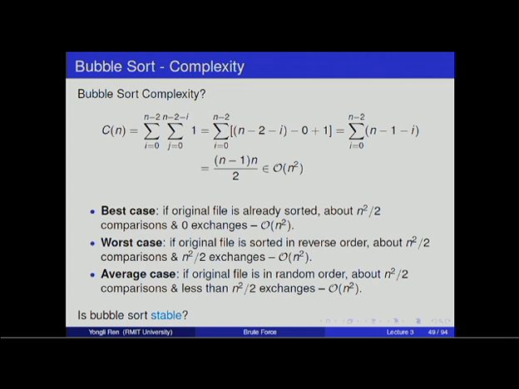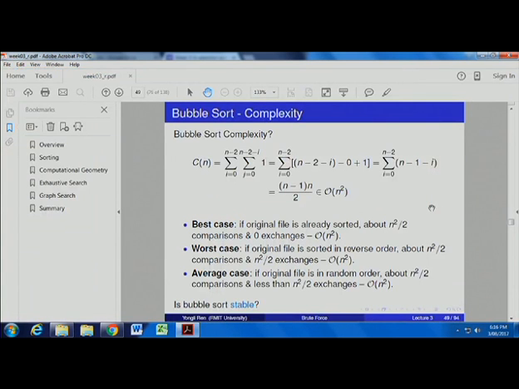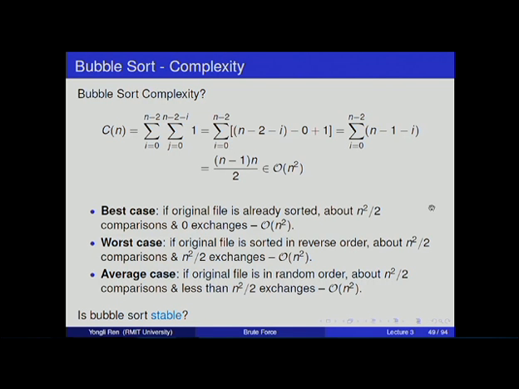Is bubble sort stable? Quick. Yes, because you're never putting something way over the left side all the way to the right side. Usually it's only adjacent elements, so elements with equal values will never move relative to one another. Perfect.